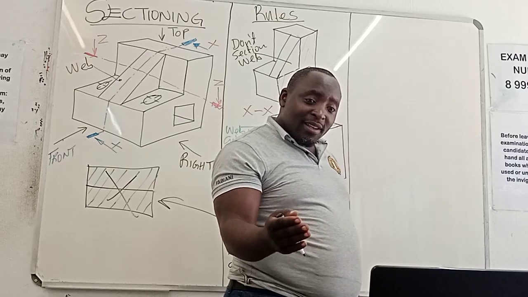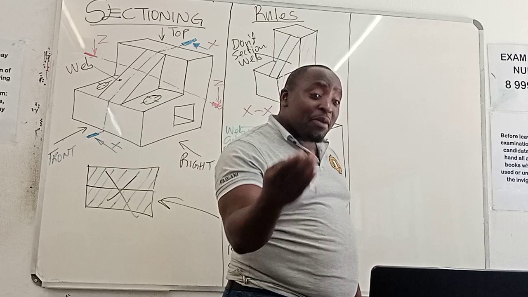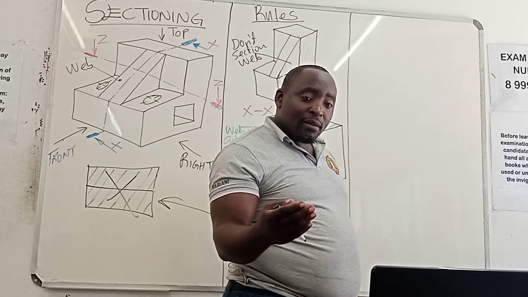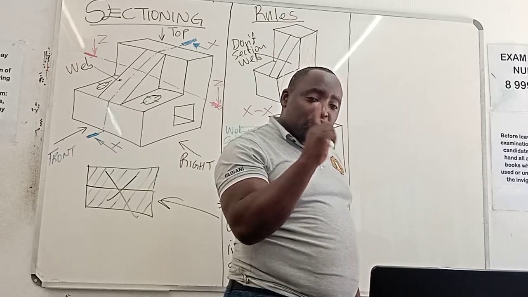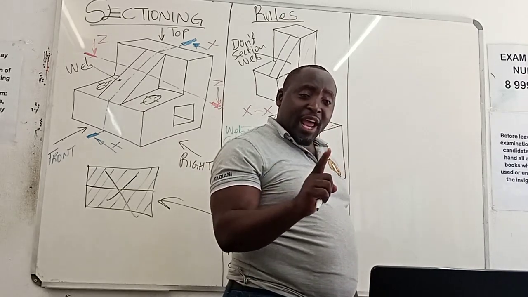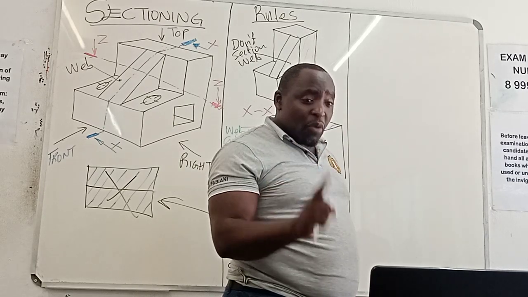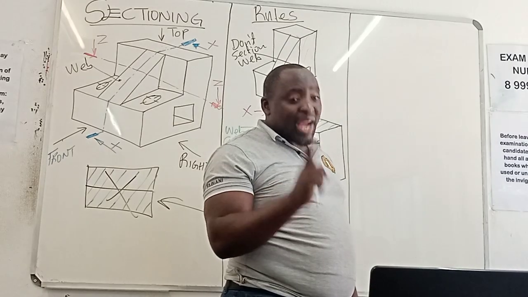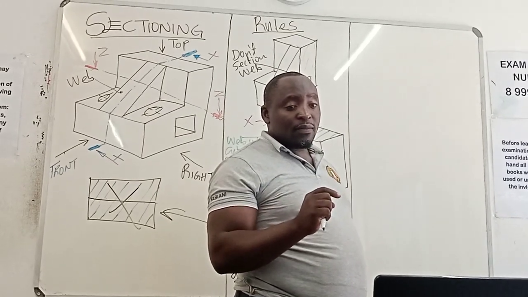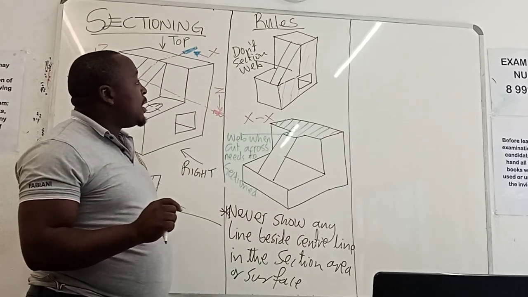Philip, Grace, Dumisa, do you understand what I'm saying? Yes, sir. No line should be found inside the section area besides a center line. Don't section a web when you cut in between the thickness. Only when you cut across, yes? No problem, sir. Okay, thank you.